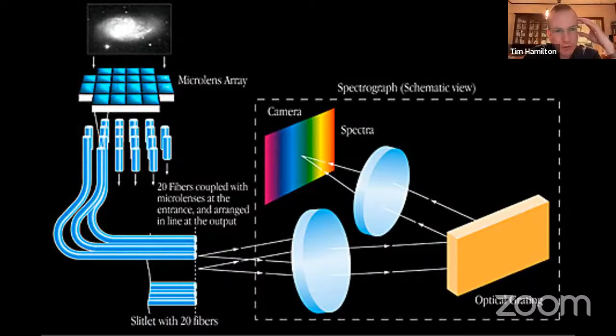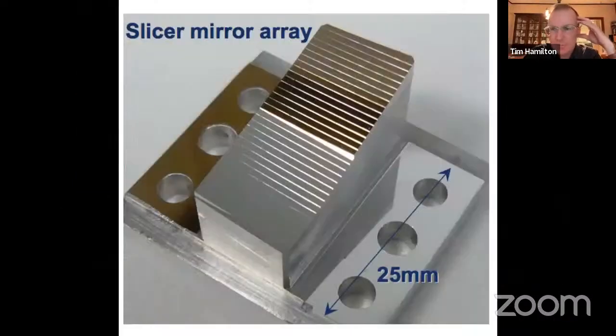Let me show you another method by which this can be done. You can take what's called a mirror slicer, or an image slicing mirror. The idea here is if you focus the light down onto this kind of mirror, each of the segments of the mirror, each of the rows, is tilted at a slightly different angle.